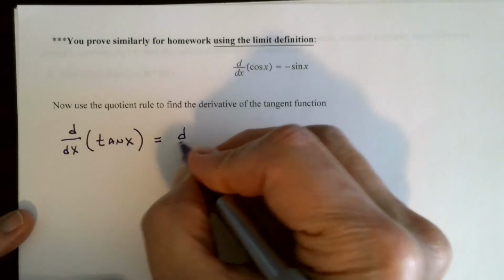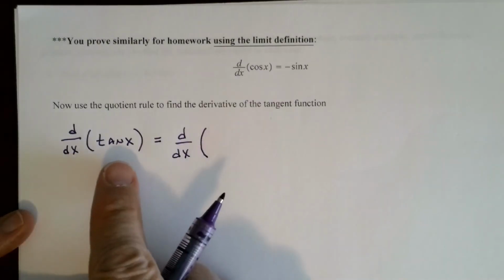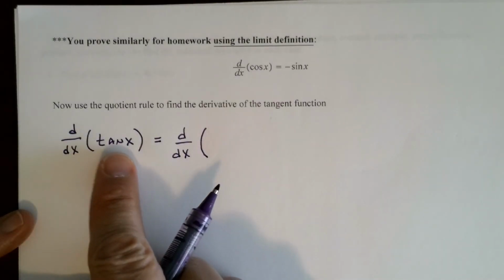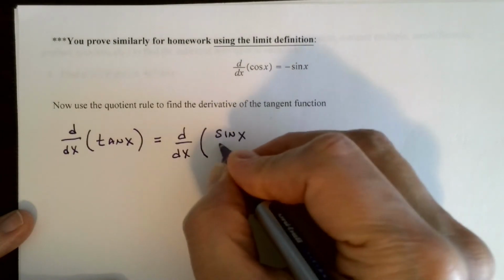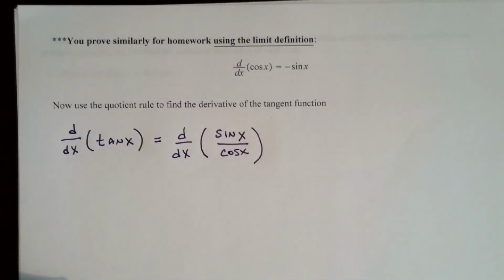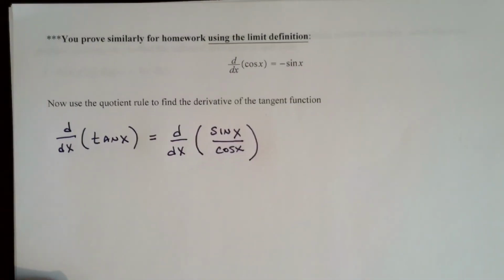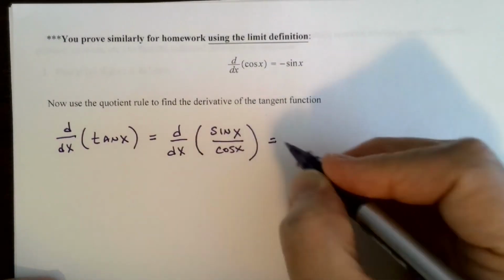Well, I hope you know another important trig identity, the ratio identity for tangent. Tangent of x is equal to what? Sine of x divided by cosine of x. Right? That's a very important identity that we use quite a bit. Tangent x is sine of x divided by cosine of x. Now I have a quotient. Remember how that works?